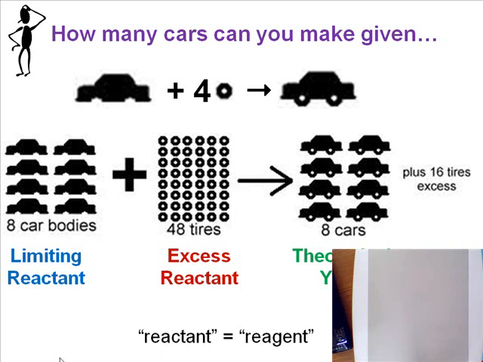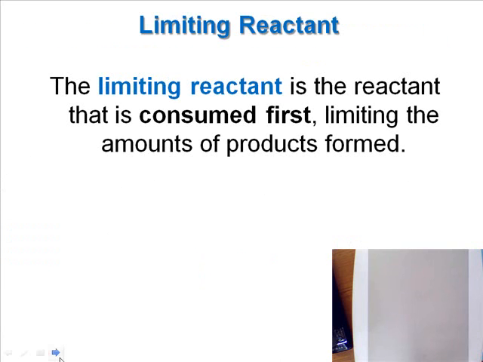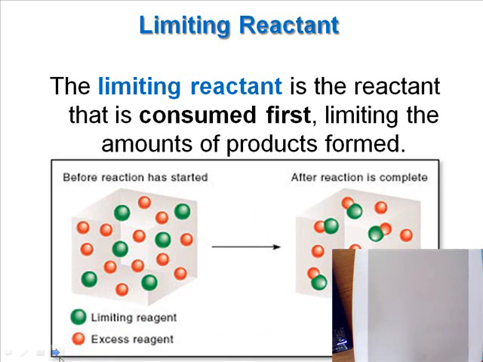When we use the word reactant, it does mean the same as reagents used in chemical reactions. So the limiting reactant or reagent is the one that is consumed first. It sets the limit on how much you can produce. Let's take a look at this diagram.